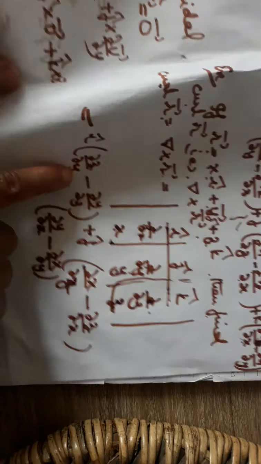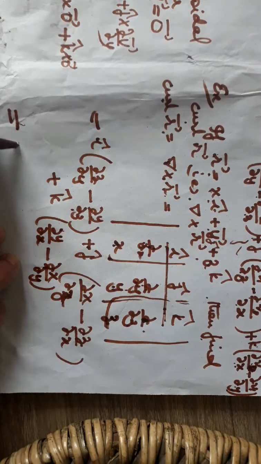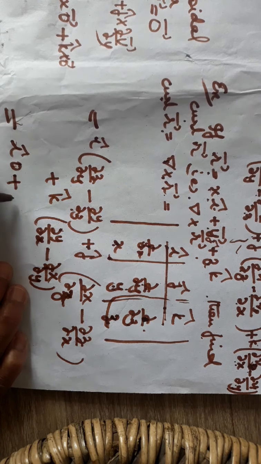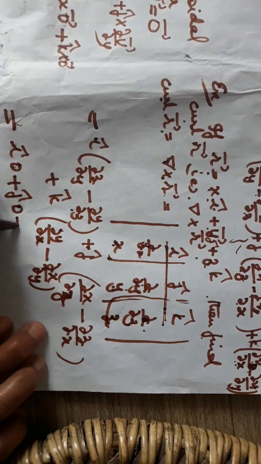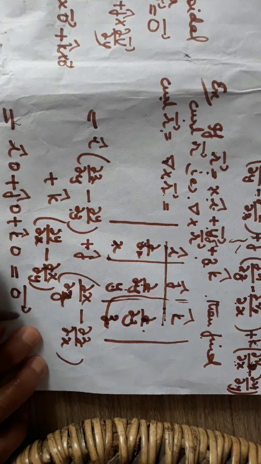But differentiation of z with respect to y will always be equal to 0. Therefore this is equal to i into 0 plus j into 0 plus k into 0, which is equal to a zero vector.